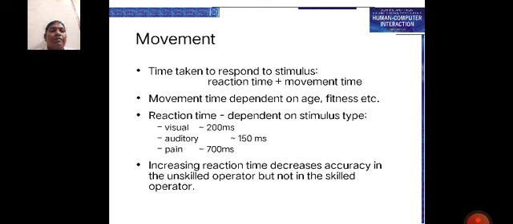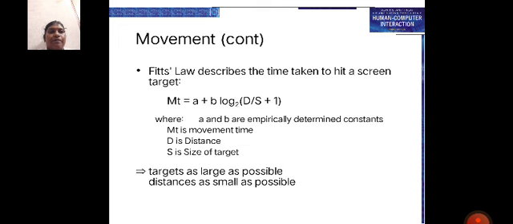Movement time depends on age, fitness, etc. The reaction time depends on stimulus type: visual is reacted to in about 200 milliseconds, auditory in 150 milliseconds, and pain in 700 milliseconds. Increasing reaction time decreases accuracy in the unskilled operator but not in the skilled operator.